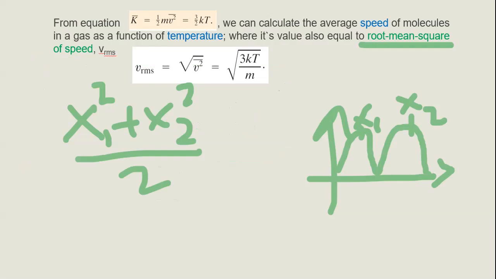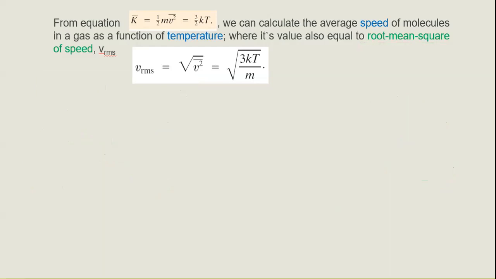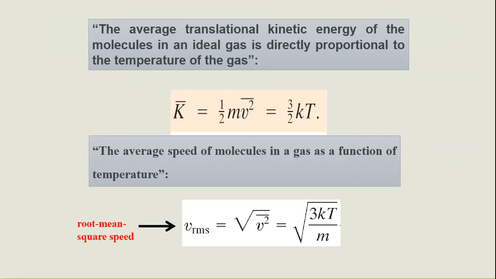But because previously you squared the number, now you have to square root the number back. So here you just want to find your average value.